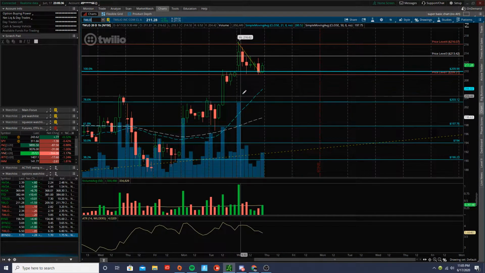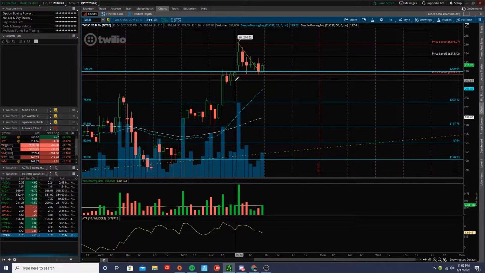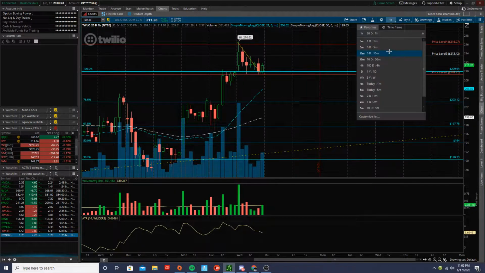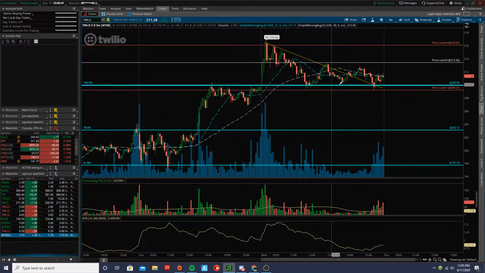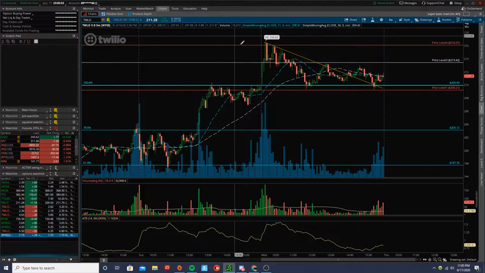Then it came back down throughout the day, but it tested this 209 to 210 level multiple times. It tested it once here, tested 210 right here, and then really tested 209 at end of day, and it held it really well.